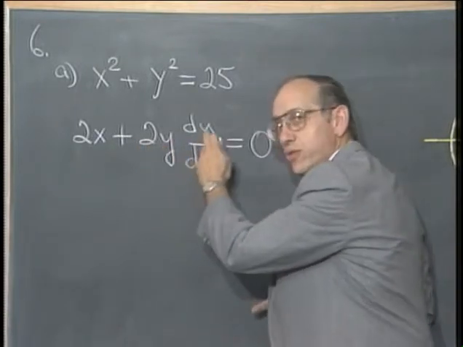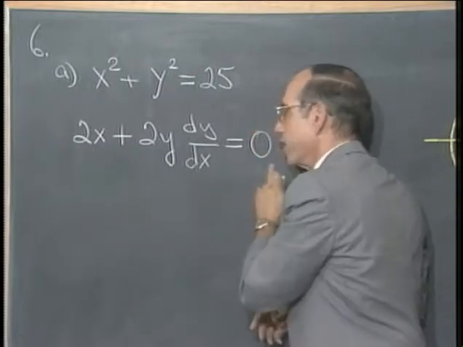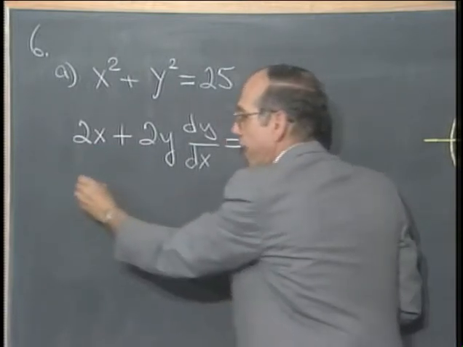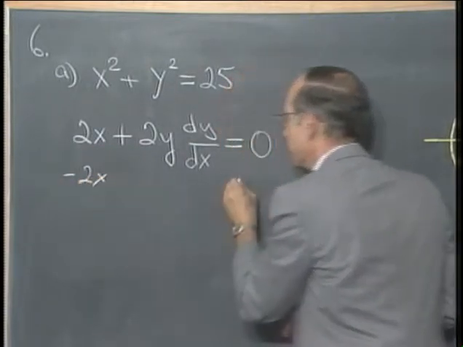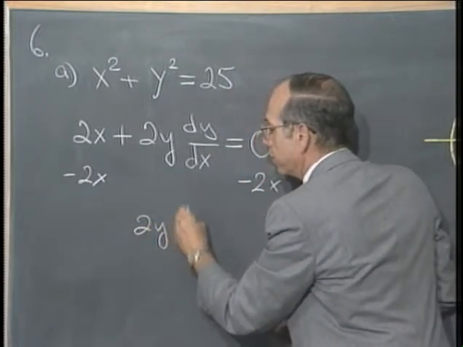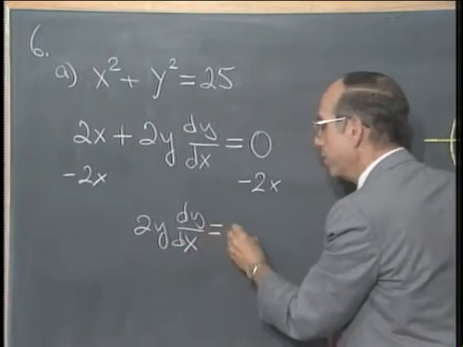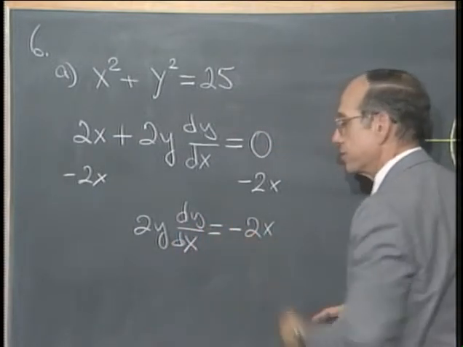If we want to solve for dy/dx, the first thing I want to do is get this 2x out of here and over here. To do that, I subtract 2x from both sides of the equation, and I have 2y times dy/dx is equal to minus 2x.